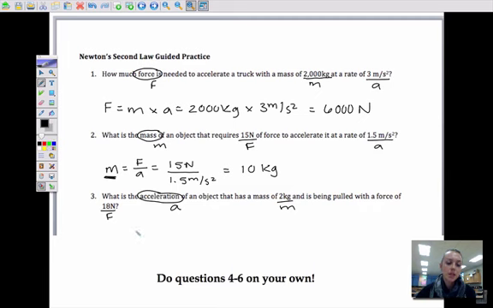I'm looking for acceleration, so it'll be A is equal to F divided by M. I identified 18 newtons as my force in this problem. I'm going to divide it by the 2 kilograms, which is the mass of the object. 18 divided by 2 is 9, and because I'm solving for acceleration, my unit's automatically going to be meters per second squared.